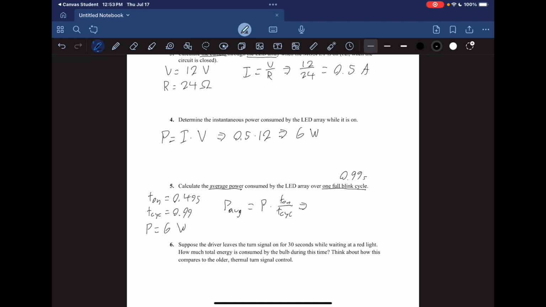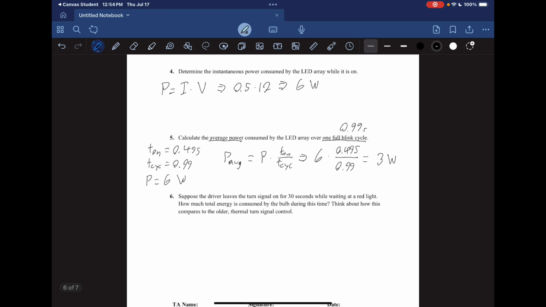So when we calculate that out, we have 6 watts times 0.495 over 0.99. And this equals, oh, that's nice. It equals exactly 3 watts.